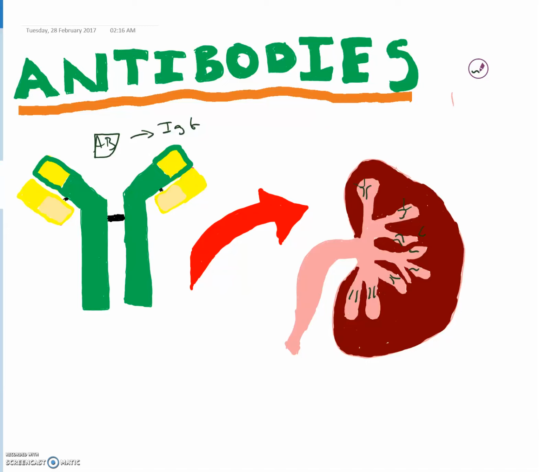These antibodies deposit in the kidney tubules, as you can see where the green strokes are, and exert what we call tubulopathic effects on the kidneys. And this stops the kidneys from filtering the blood efficiently, giving the person acute renal failure.